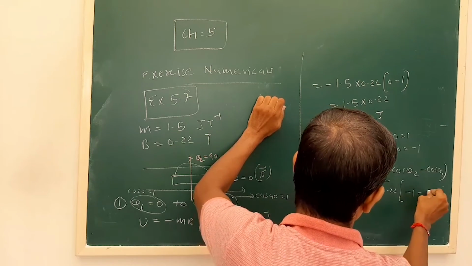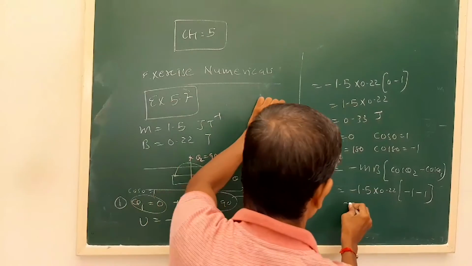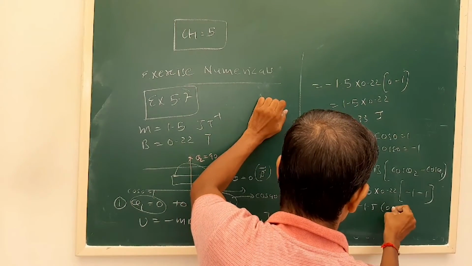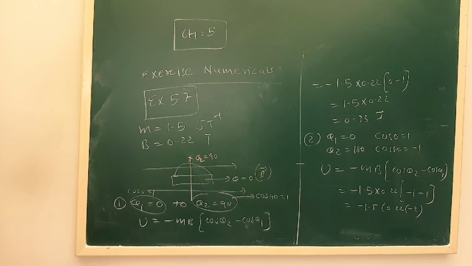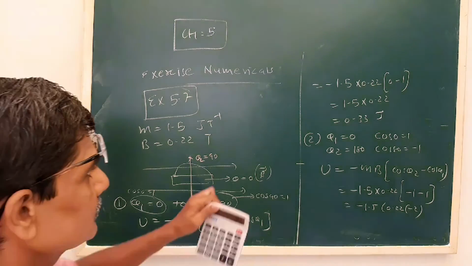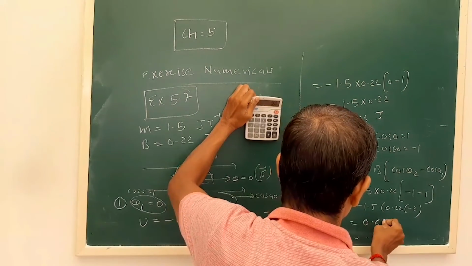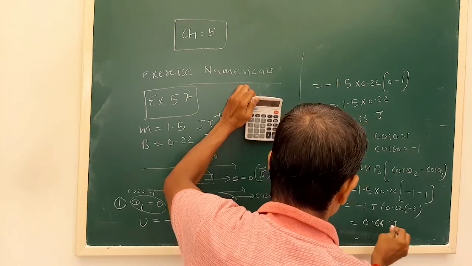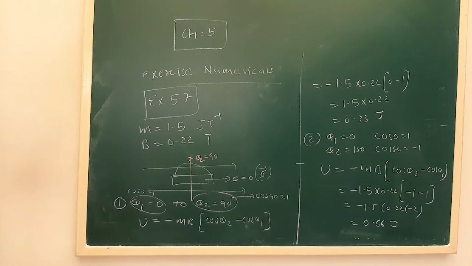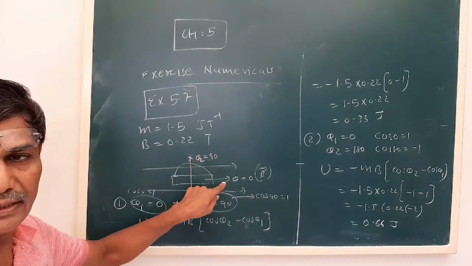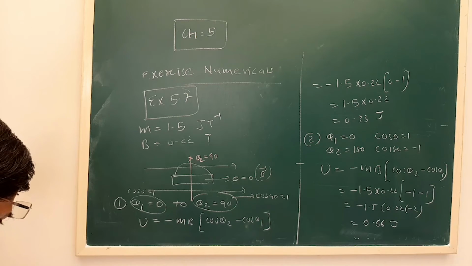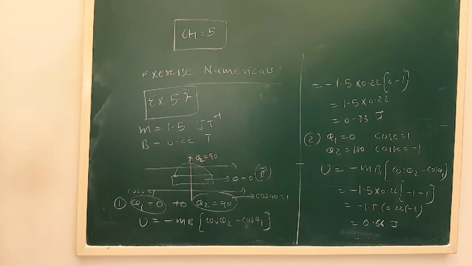Now we can simplify it as 1.5 into 0.60. This is the work required to rotate from theta equal to 0 to theta equal to 180. Initially it was parallel, now we have to make it anti-parallel, so theta 2 has become 180.